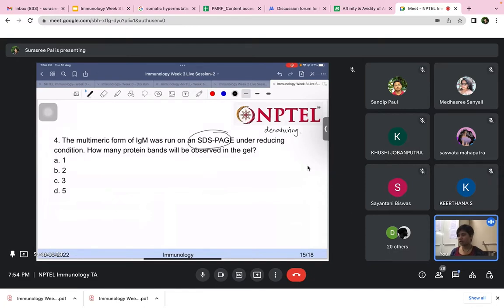Can any one of you explain why do you think 5 bands will be observed?